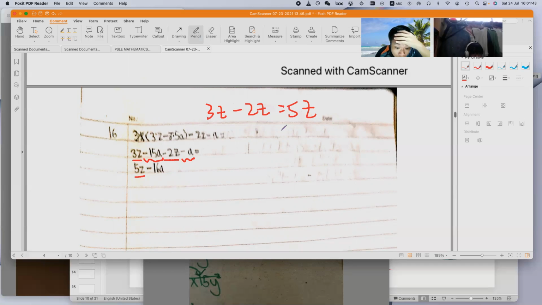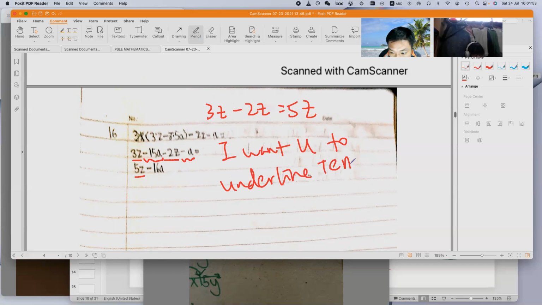Next time when you do such question, I want you to underline terms using pencil.